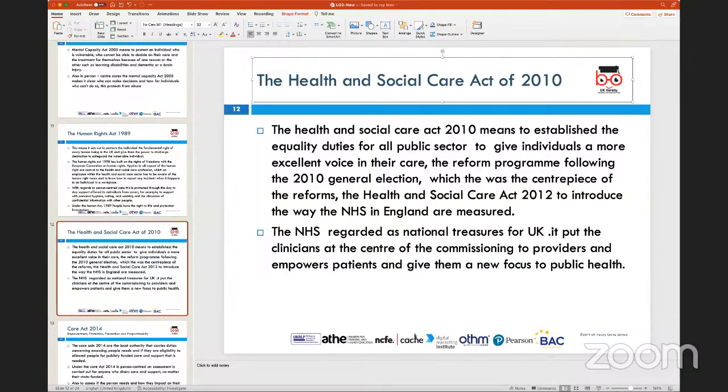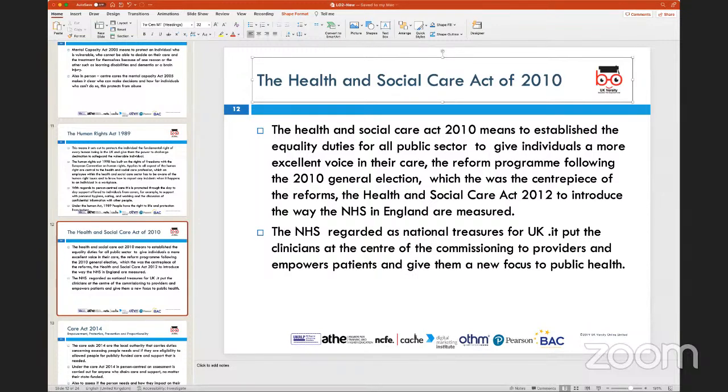In some cases, the regulator can restrict the services they provide, because if the services are not meeting the guidelines in terms of the quality of care required, then this regulator could go in, restrict, and even put sanctions on the health and social care providers.